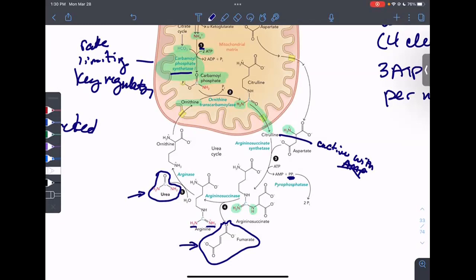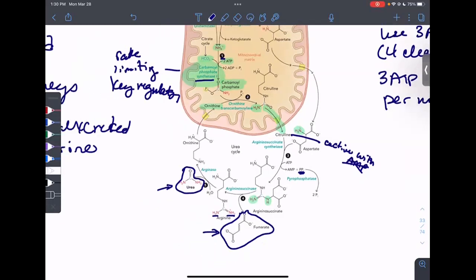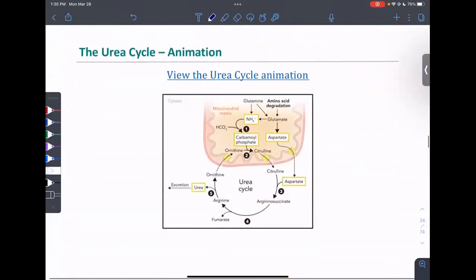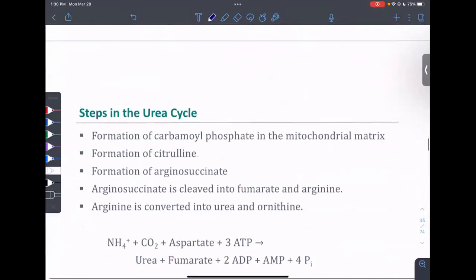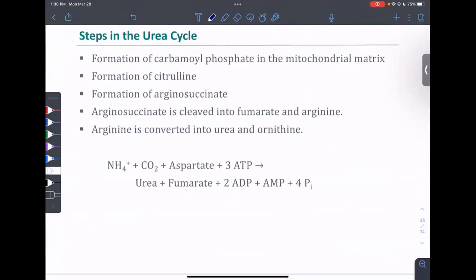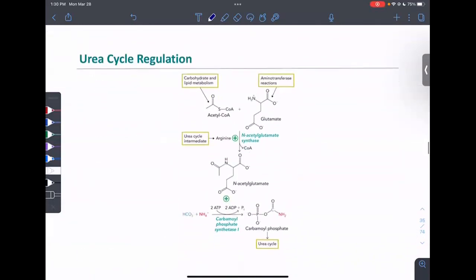They call it carbamoyl phosphate synthetase 2, but that's really important in pyrimidine biosynthesis. So we're not going to talk about it right now, right? Okay, so go in, watch the animation. The animation's really great, and then here's our step-by-step listed out and our overall reaction. Okay, but it's basically everything we said before.